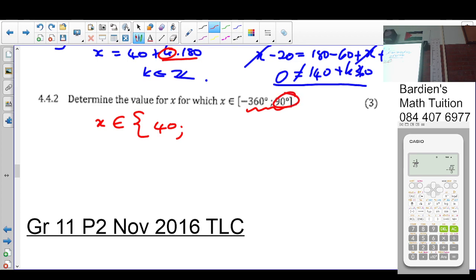So do I write it down? No. So now if 1 doesn't work, 2 won't work, 3 won't work, and so on. Now you put minus 1 in. So it's 40 minus 180 is negative 140. Now you put minus 2 in, which is negative 320. I'm going to put minus 3 in, which is definitely below negative 360. You see that, people? And then I stop. Okay. Any confusion there? No.